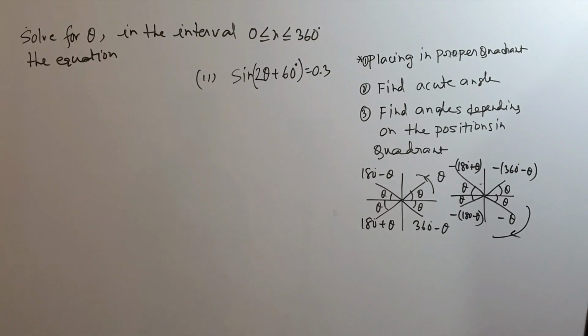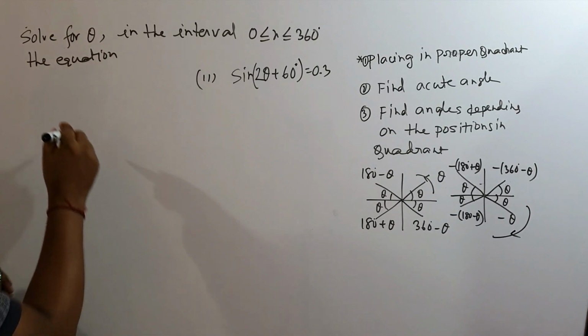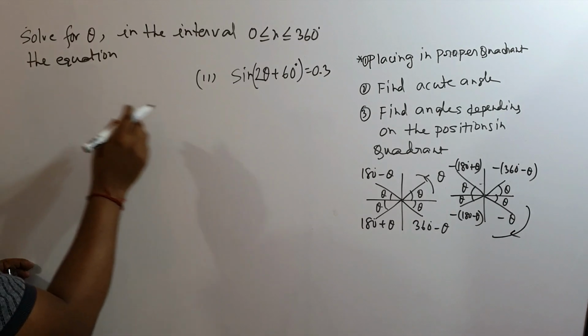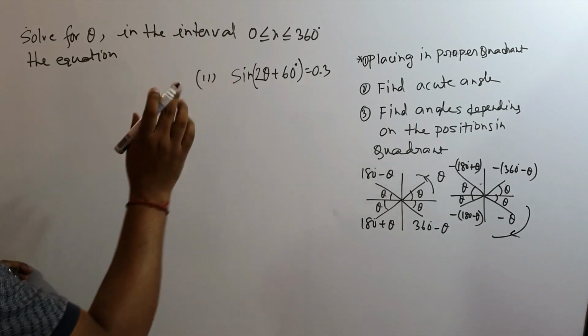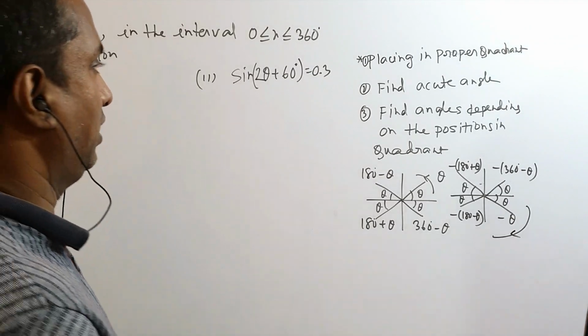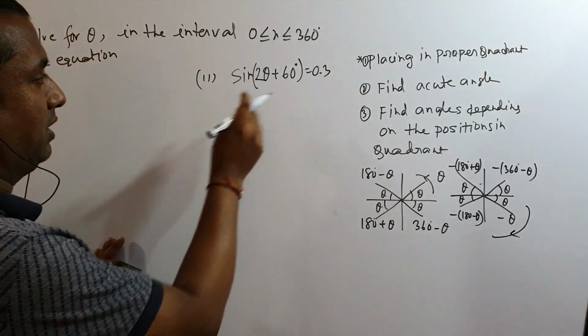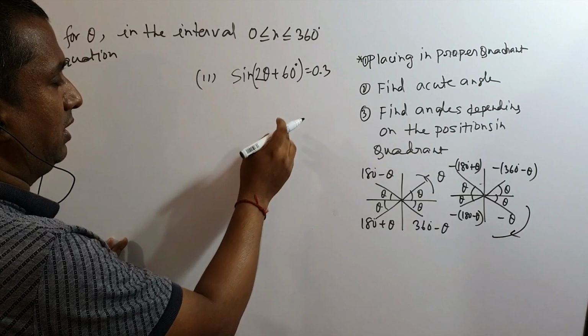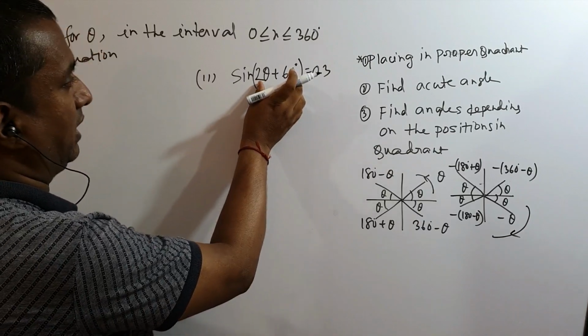This second one is sine of 2 theta plus 60 equals 0.3. That means it is a bit difficult, so you need to pay more attention when solving this one. Let us consider the whole thing as x.